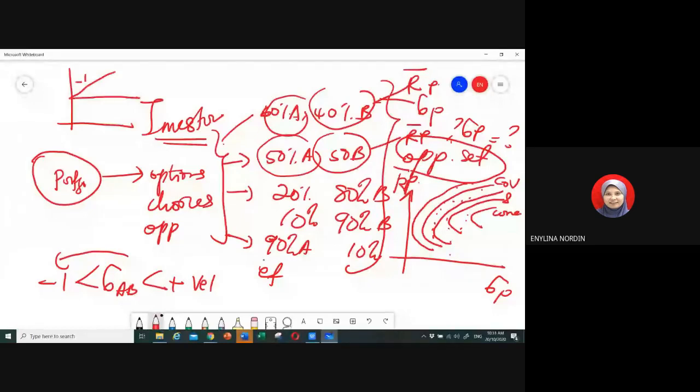Kalau macam contoh kita tadi, dia makin bengkok. Tapi kalau dia approach positif, dia akan jadi straight line. This is positive 1, maknanya perfectly positive related. Okay?